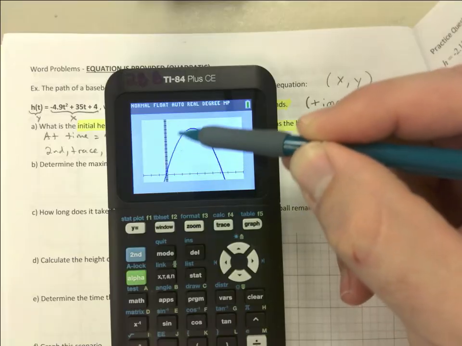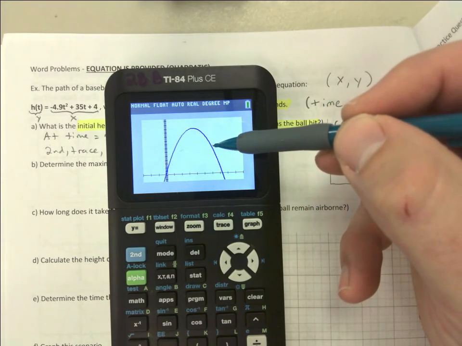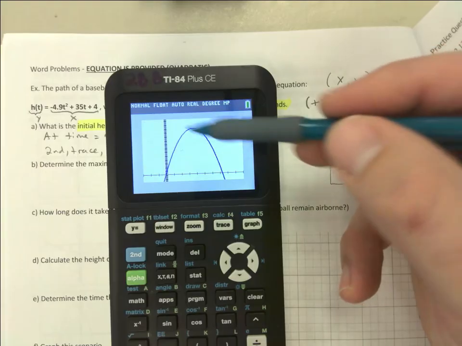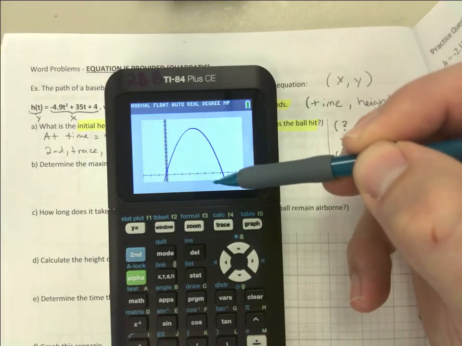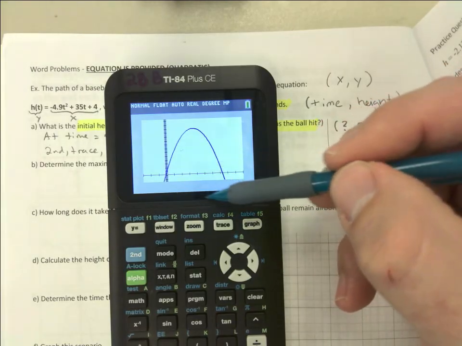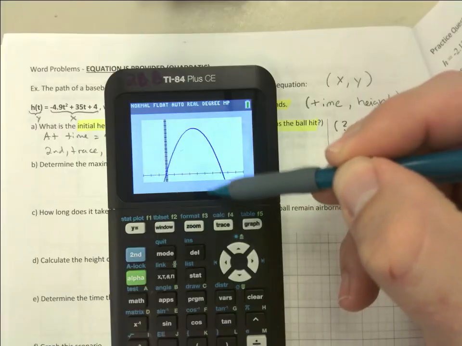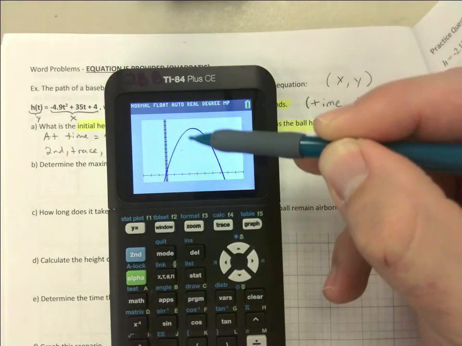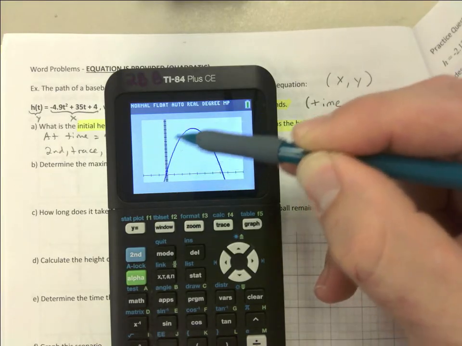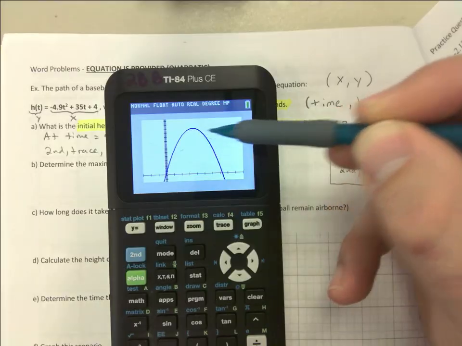Most word problems are in quadrant 1. Sometimes, like a roller coaster question, it may be that the roller coaster goes underground for a part of the stretch. So then obviously we would want to see some of the quadrant 4 here, but time has to be positive, and we're only considering the baseball being above ground. So this is where we're interested in, okay?